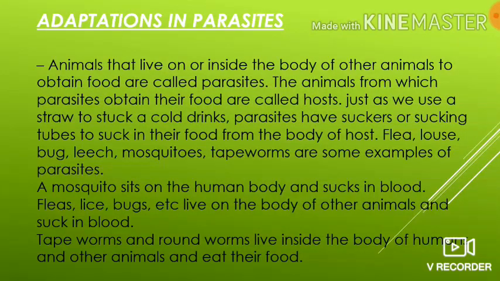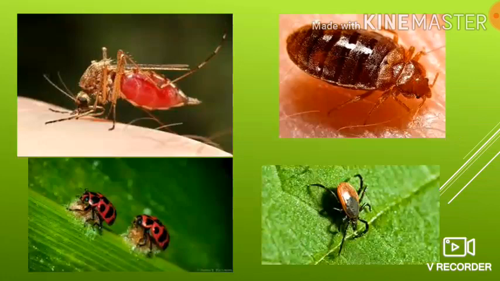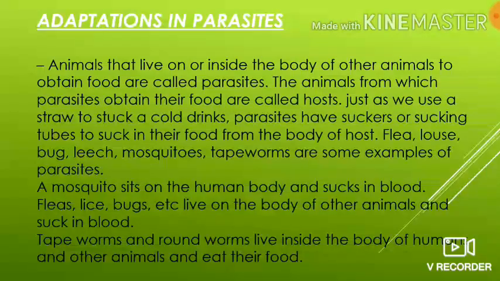And the next topic is adaptations in parasites. Animals that live on or inside the body of other animals to obtain food are called parasites. The animals from which parasites obtain their food are called hosts, just as we use a straw to suck a cold drink.